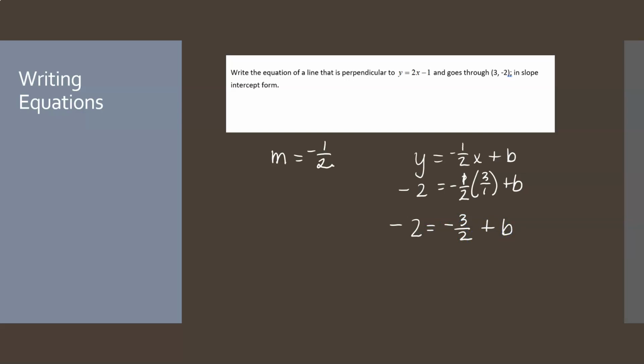So I'm going to add 3/2 to each side. So I am left with -1/2. So my b is -1/2. So when I write all this together, I have y equals -1/2 x minus 1/2.